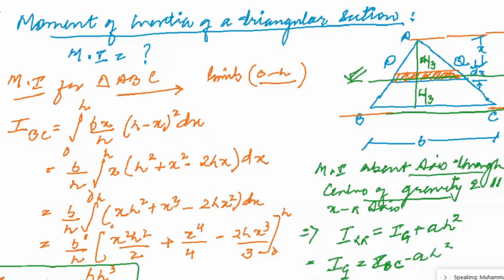How much is that? That is already given: bh cube by 12. Right? bh cube by 12 minus area of the triangle. How much will be the area of the triangle?